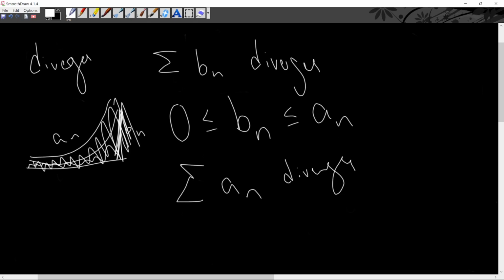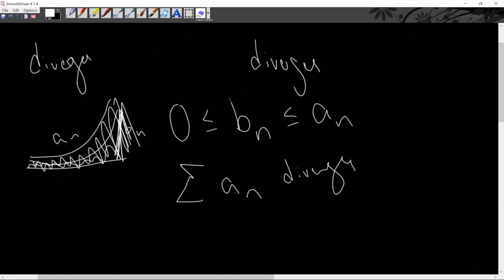So if the series b sub n diverges to positive infinity, then since every single term in a is greater than b, a will also diverge to positive infinity. And for the converging part, if b is converging to a single finite value and a is less than that, then the value that a converges to is going to be less than b, because common sense. But there's no such thing as common sense in math.